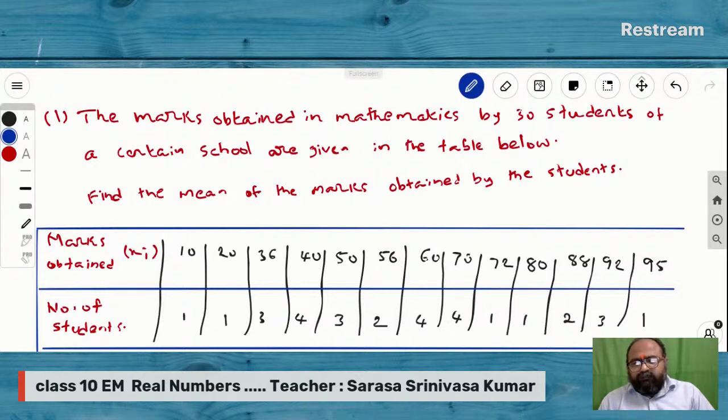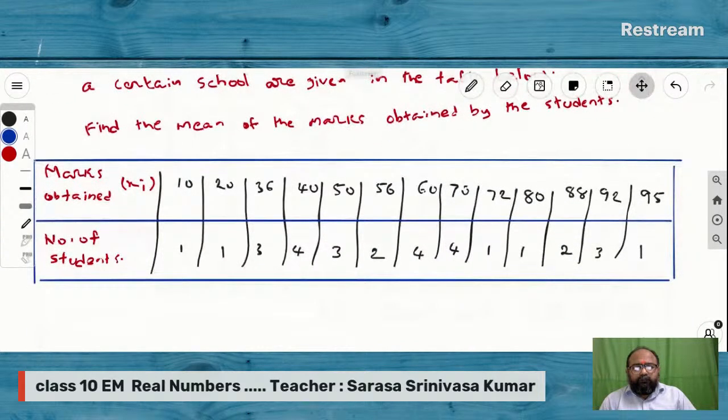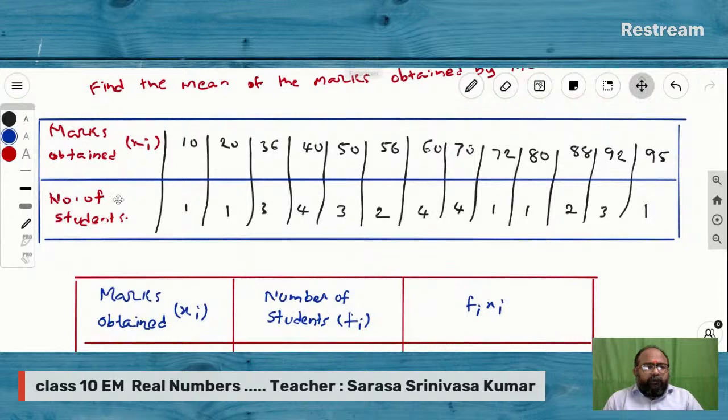Like that, this table is given to us. Now, we have to find the arithmetic mean of the given data. Here the number of students is Fi.